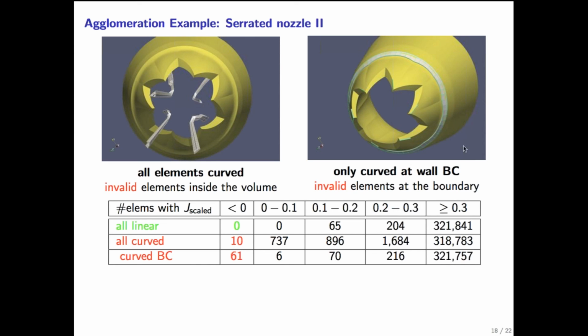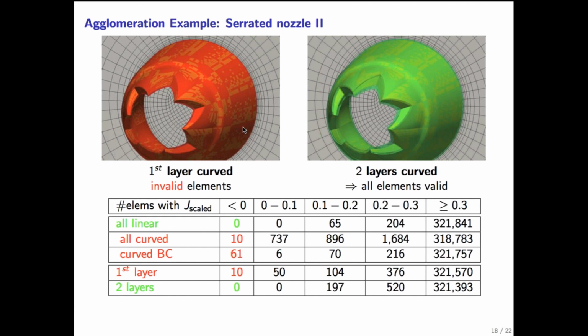And clearly, if we only curved at the boundary, the wall boundary condition, we also got invalid elements at the boundary.